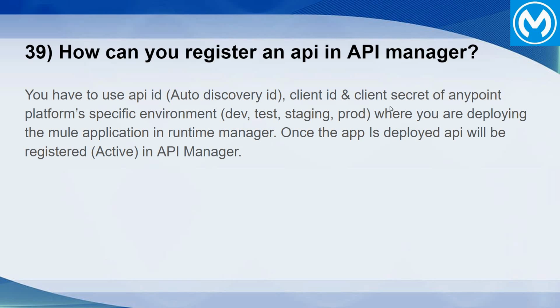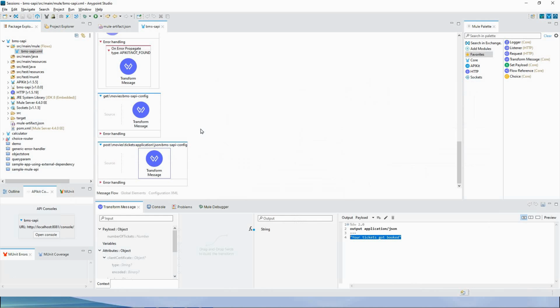Okay, and all these three things you have to pass in the runtime manager to the application as inputs while you are deploying your Mule applications to the runtime manager, and then it will be registered in the API manager, or the API will be turned into active mode. So we'll see a common demo for both the questions.